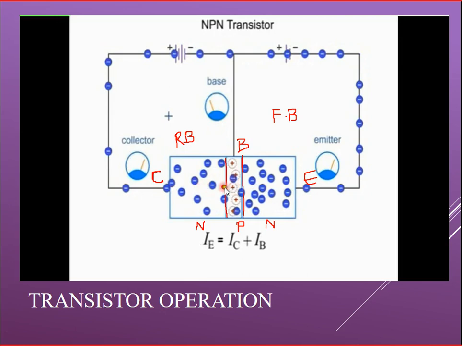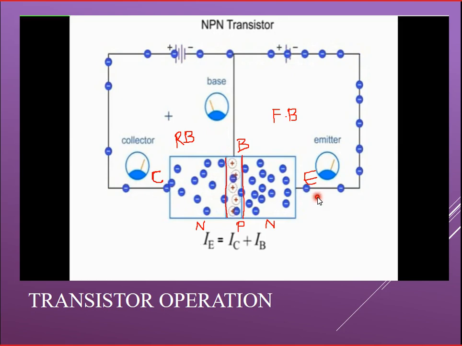They cross to the collector, and due to the positive charge here, the electrons are attracted and come out. Likewise it comes this way, and again gets back from here. This creates a complete path for the current. So this is how the current flow will occur.